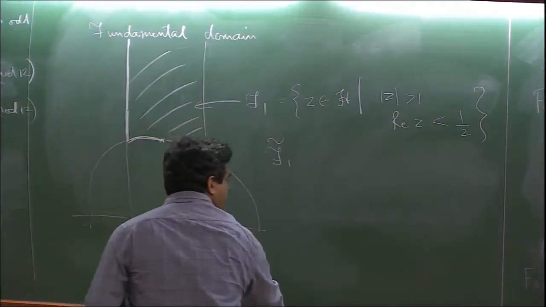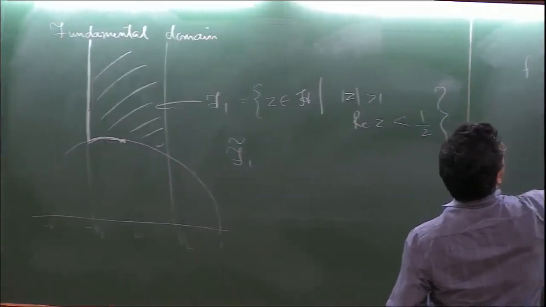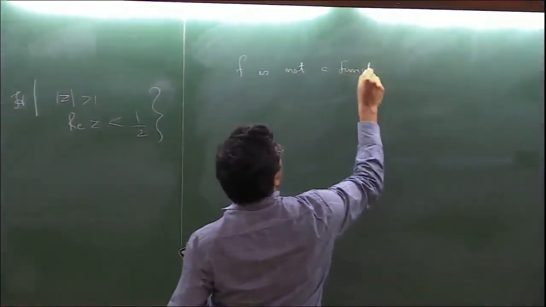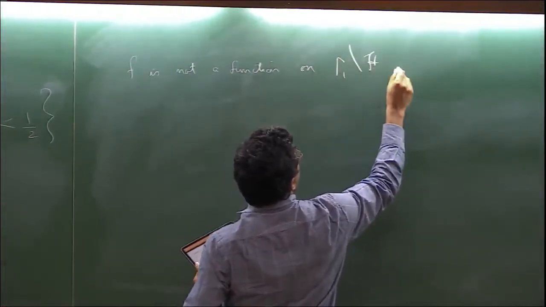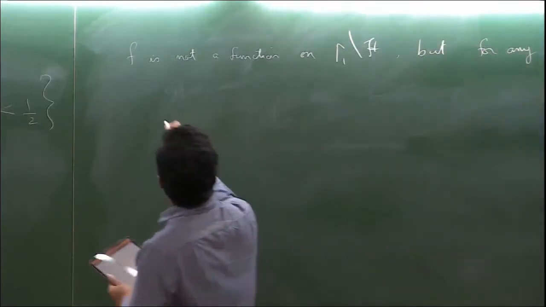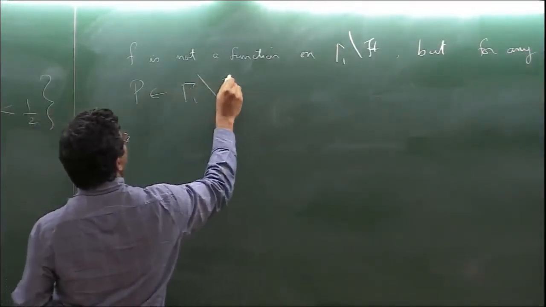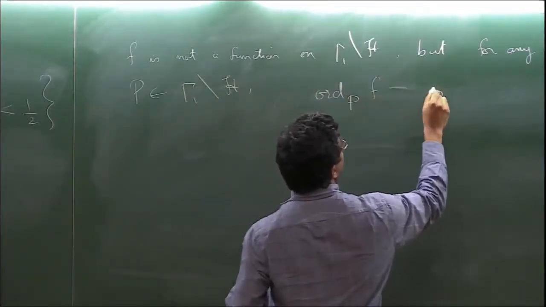Okay, all right. So I want to get back to the proof now of this inequality. So f is not a function on Gamma 1 mod H, but for any p in Gamma 1 over H, the order of vanishing of f at p is well defined.